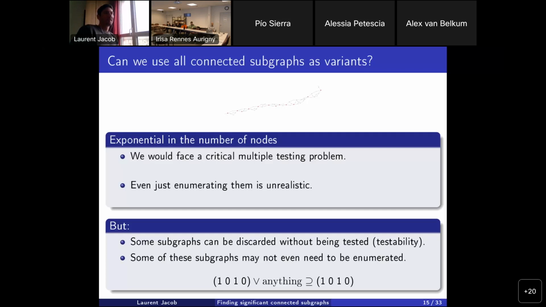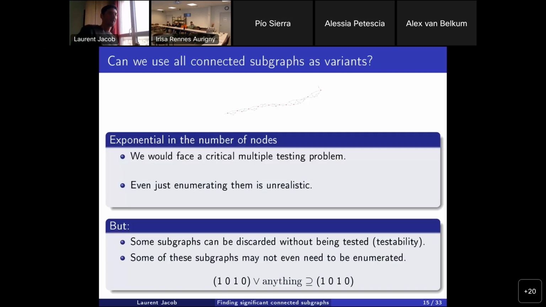So this will solve maybe the statistical issue. And following that, some of the subgraphs, because of the way we build them, may not even need to be enumerated. Because remember that the way we will build the variant from the subgraphs is by taking a logical OR over the colors, the presence pattern of the unitigs in the subgraphs.